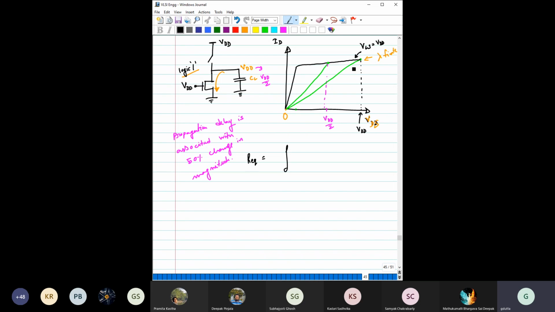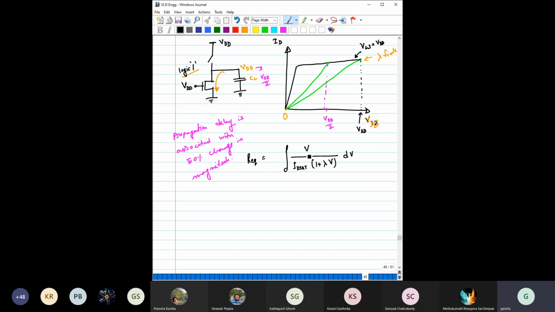It is nothing but V by I. V is this output voltage, and the current is the saturation current. If it is a submicron device, we can write this as ID sat into 1 plus lambda of V, where V is basically VDS.